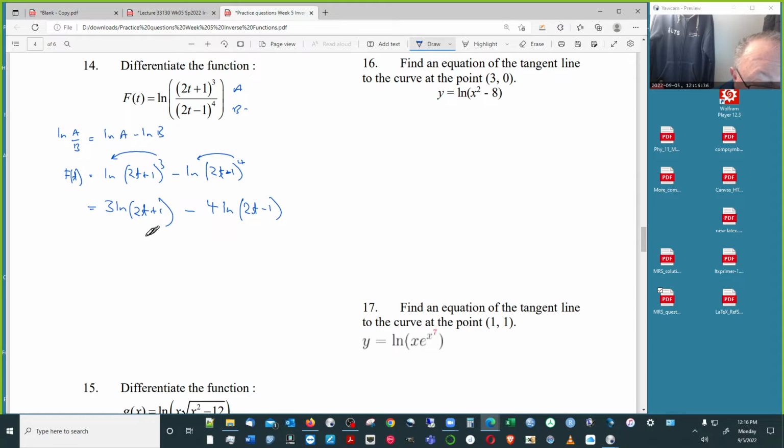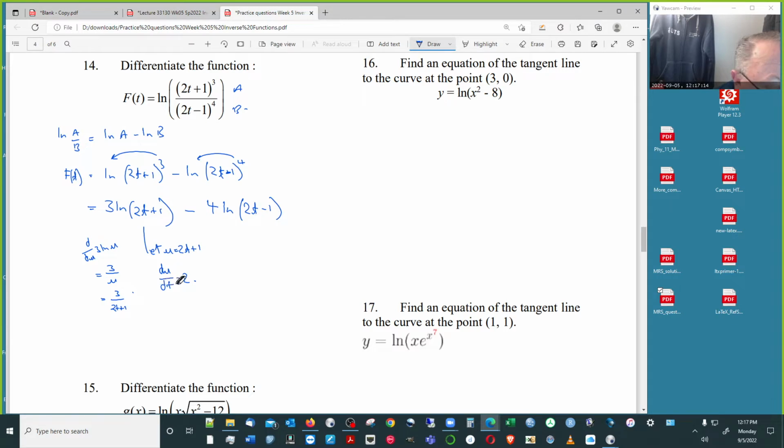Alright, so let's do it, let u, and that leaves d du of 3 ln u, which will be equal to 3 over u, which will be equal to 3 over 2t plus 1.